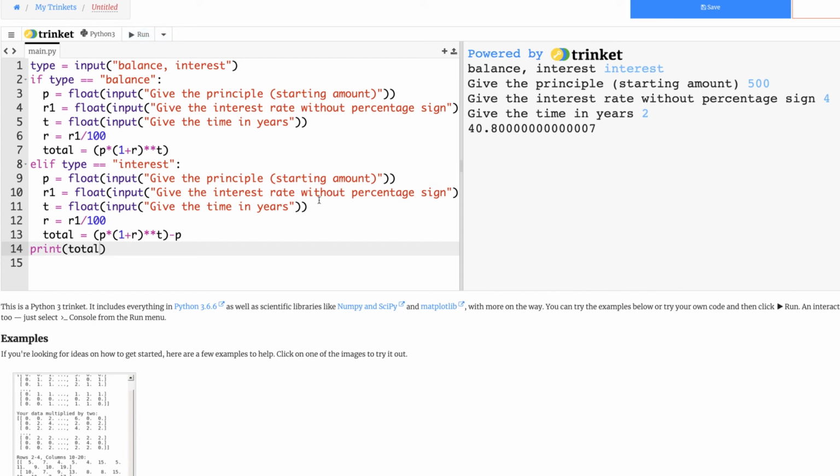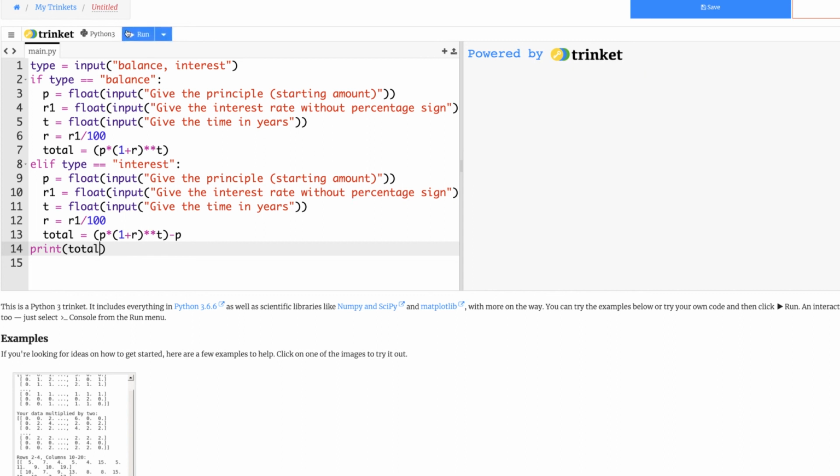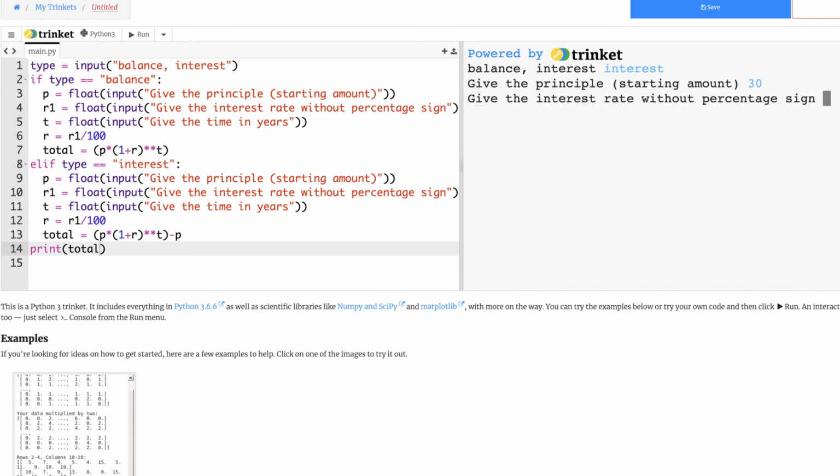Now let's try another and our last interest question. Principal starting amount will be 30. Interest rate will be 10. And time in years will be 3. So 9.93. You can verify all of these answers.